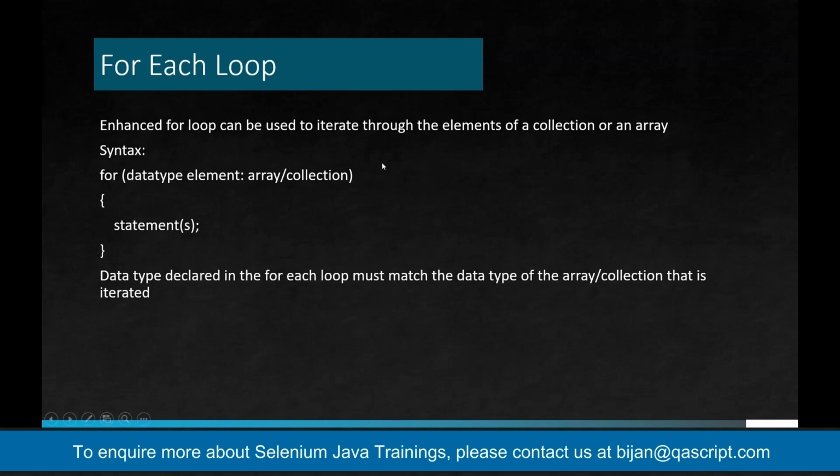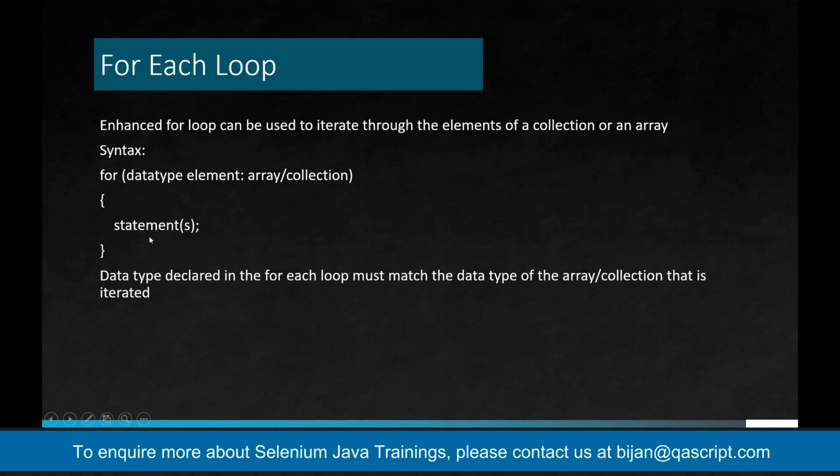But since I was talking about loops, I thought it would be better to introduce you to this enhanced for loop. As the name says, it can be used to iterate over the elements of a collection or an array. When we look at a collection or array, I will show you how you can use this for each loop. The syntax is a little different.